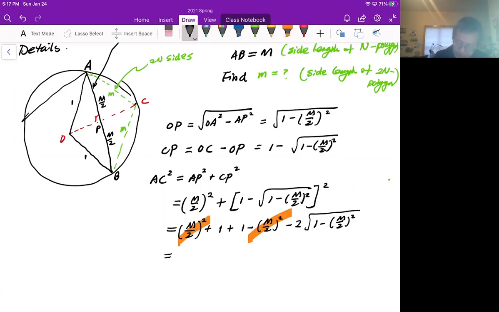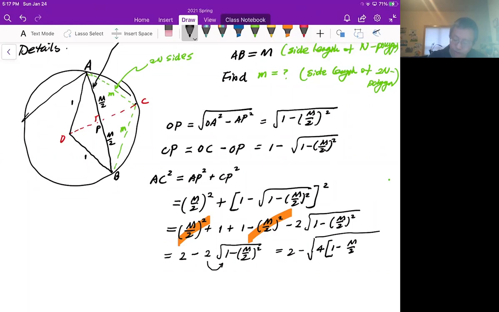I'm going to have 2 minus 2 times the square root of 1 minus M over 2, take the square. Okay, 2 minus. I want to move the 2 inside that, and if the 2 is inside, then I have to take the square, so it's 4 times 1 minus M over 2 squared.